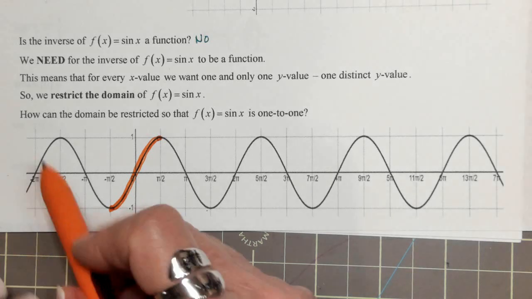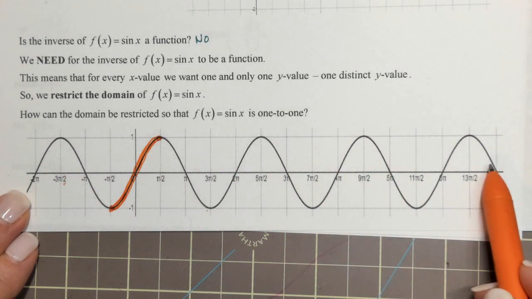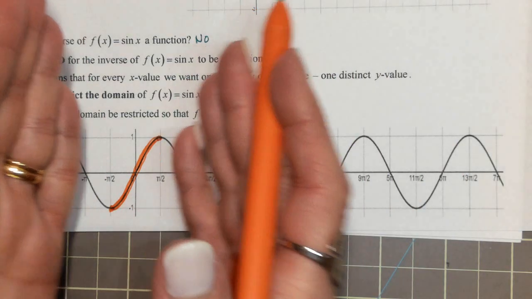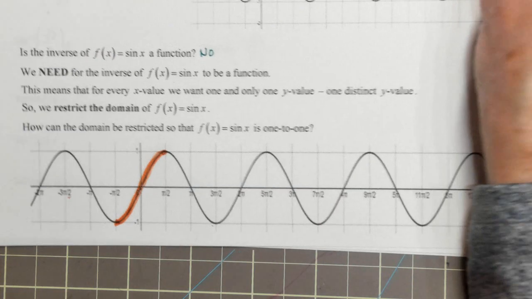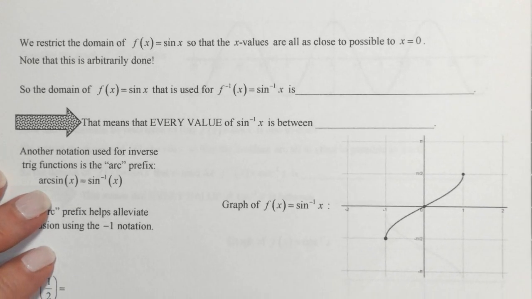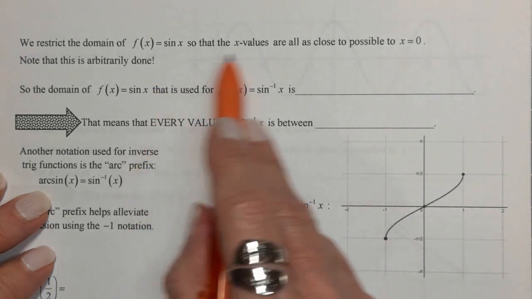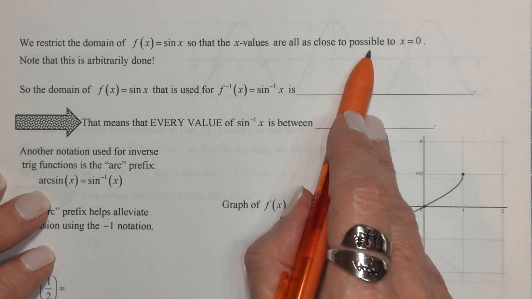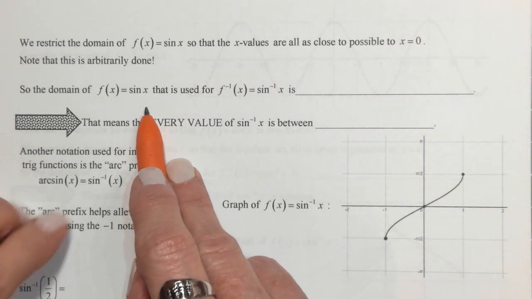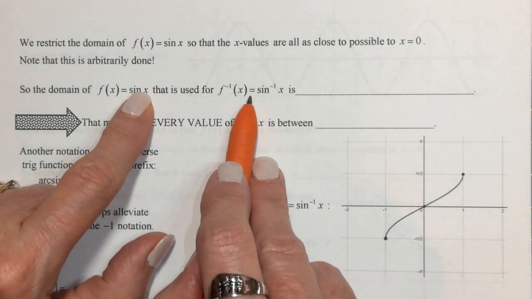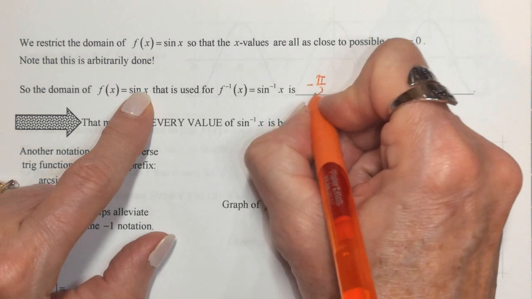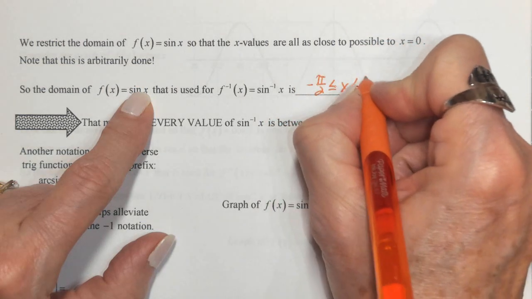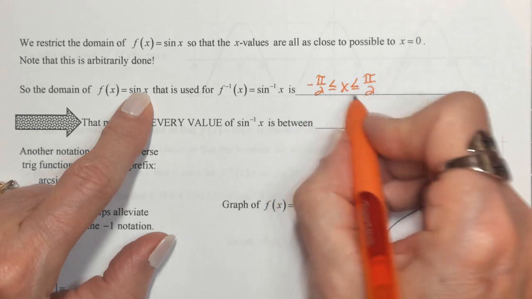So, sine x is still the whole thing. However, when we restrict its domain, the inverse of sine is a function, and that's what we wanted. So we restrict the domain of sine x so that the x values are as close as possible to 0. So the domain of sine x that is used for inverse sine of x is negative pi over 2 to positive pi over 2. That's inequality notation.